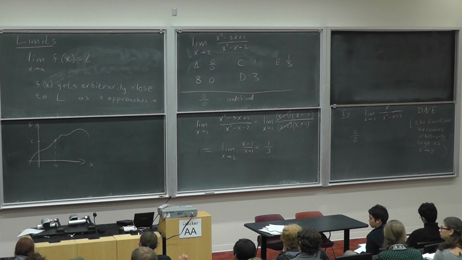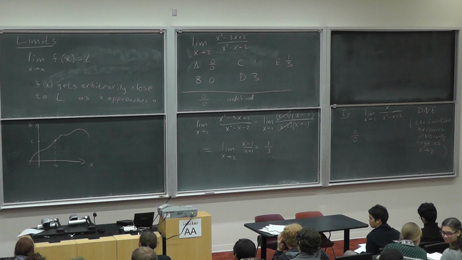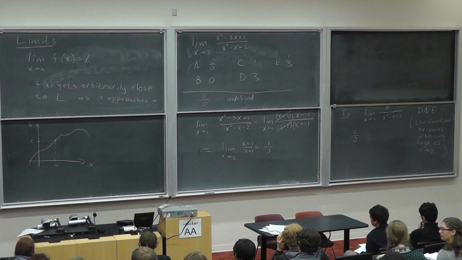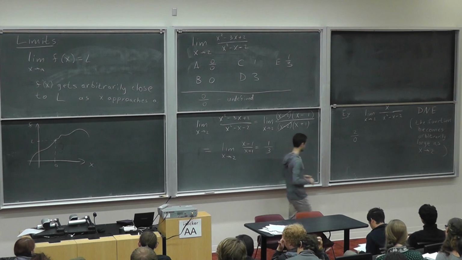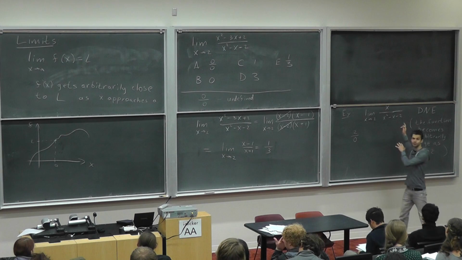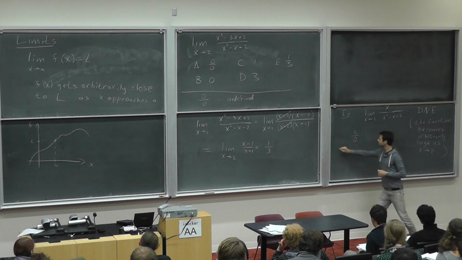Yeah, another question here? If the limit does not exist, then I'm a little bit confused about how it becomes arbitrarily large as x approaches 2. Okay, so think about, I won't actually compute anything here.